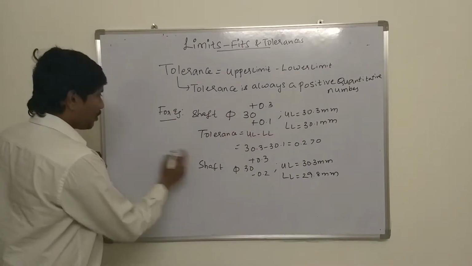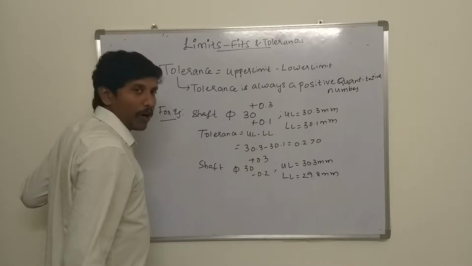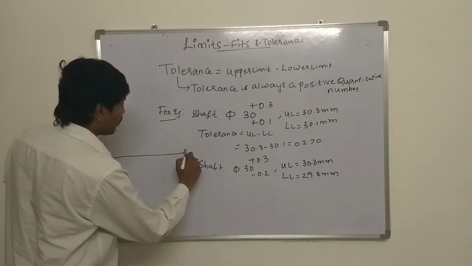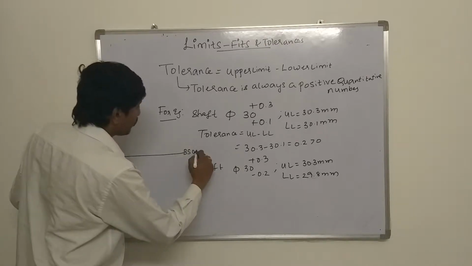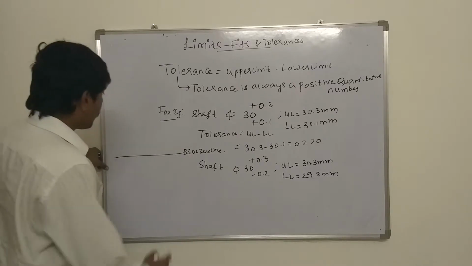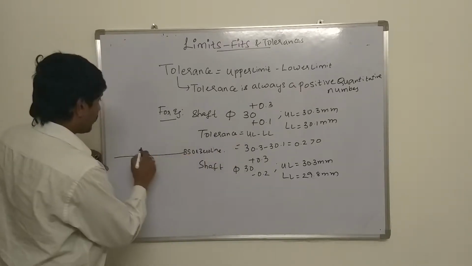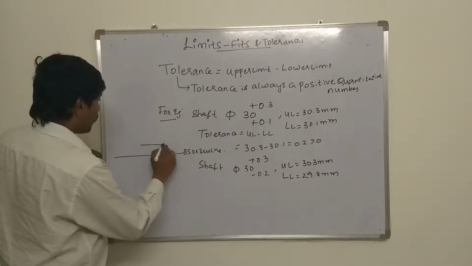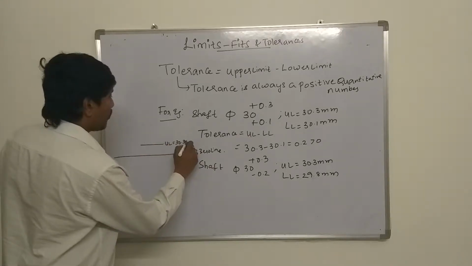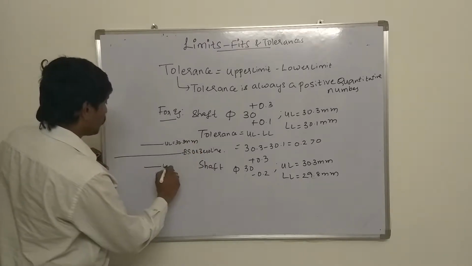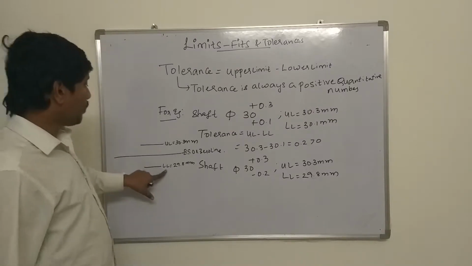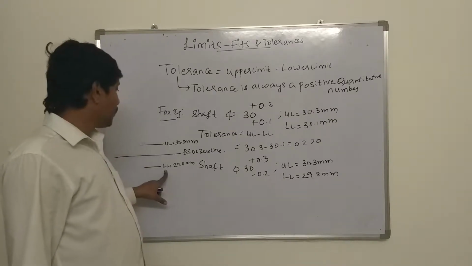If I represent this in the form of a figure, consider this as the basic size or zero line. 30.3 mm is above the basic size, that is, the upper limit is 30.3 mm, and the lower limit is 29.8 mm, which corresponds to below the zero line.